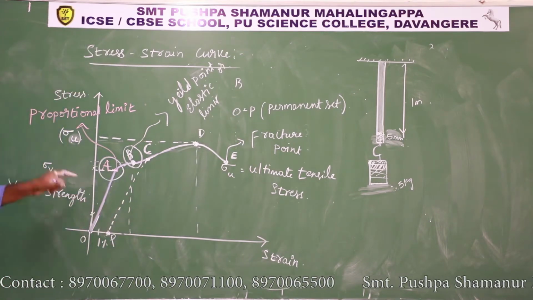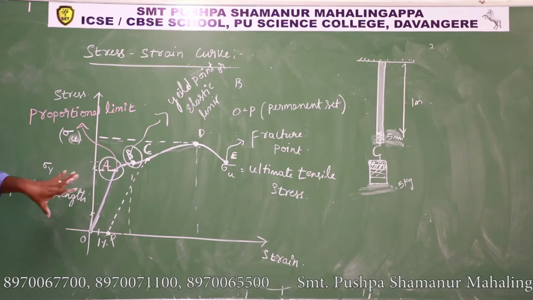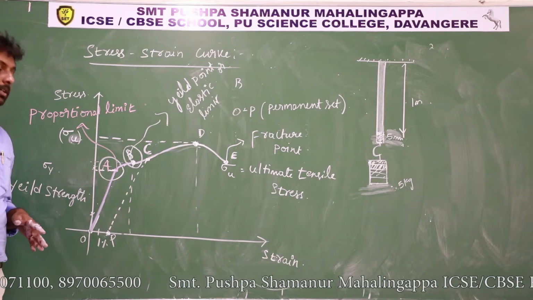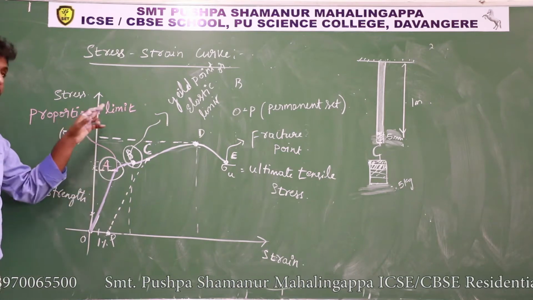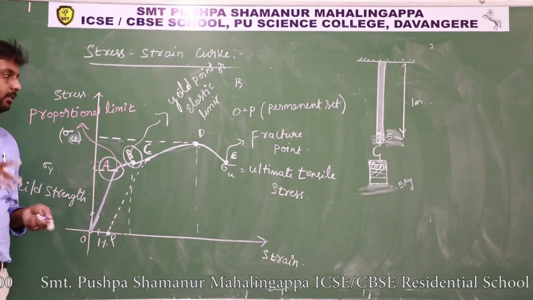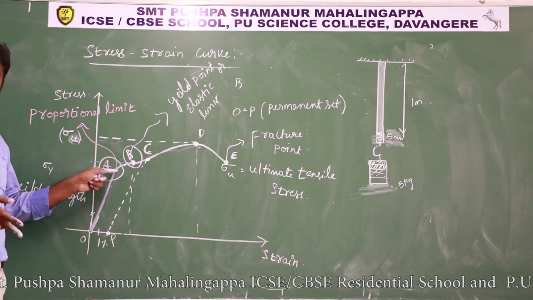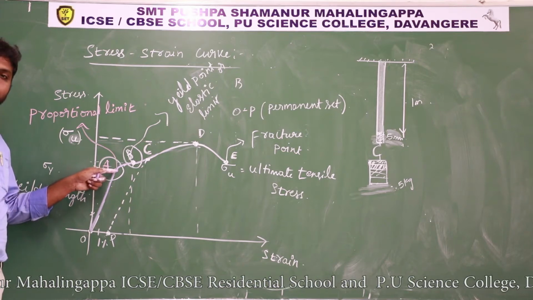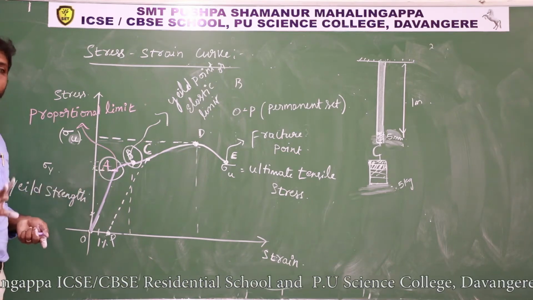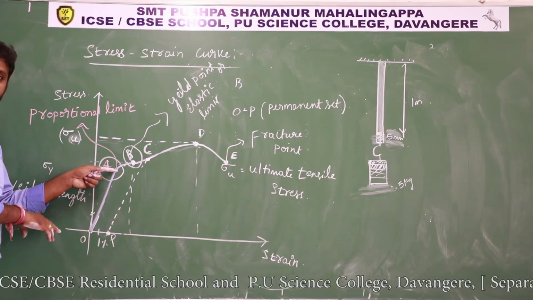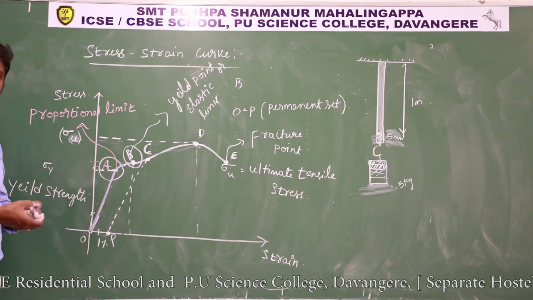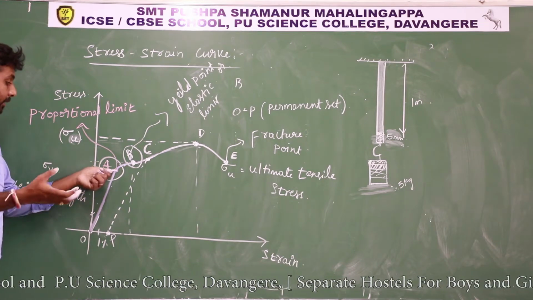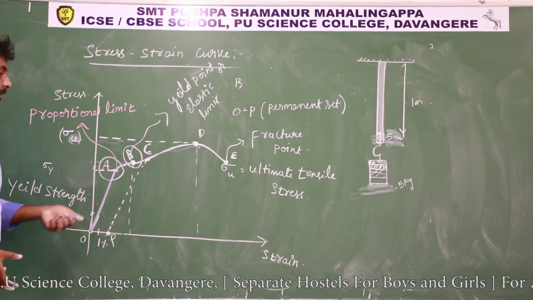Once again I'll repeat. From O to A, point A is called the proportional limit. Stress is directly proportional to strain, hence a straight line. And stress directly proportional to strain means it is obeying Hooke's law. If the stress is 0, that means if you remove all the load, the strain also becomes 0, so the wire will regain its original length.